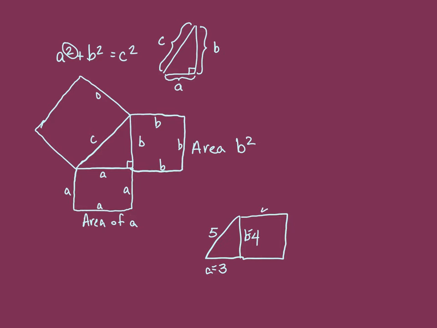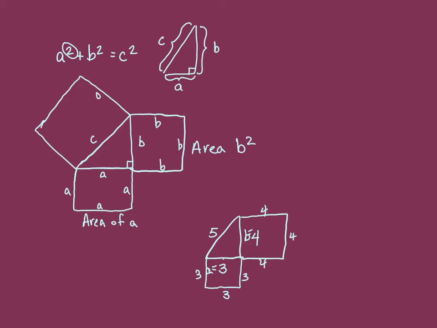So that means this is 4, this is 4, this is 4, this is 4. The A leg, this is 3, this is 3, this is 3, this is 3. And when I add up the area of this plus the area of this, it should give me the area of a square coming off this hypotenuse.